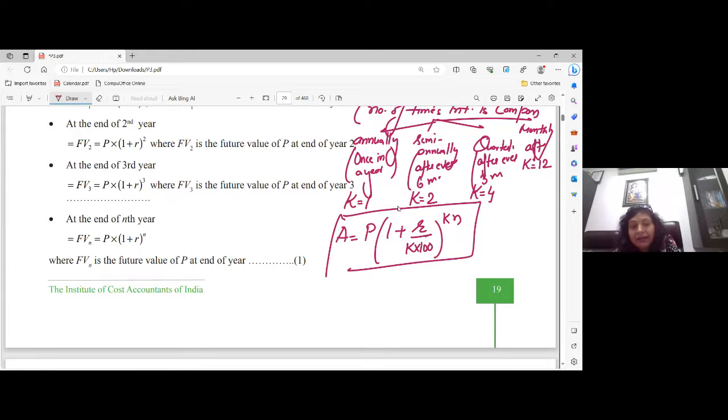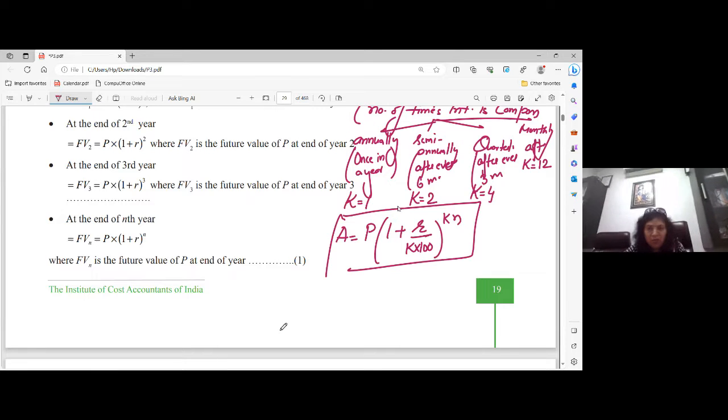That's why we divide the interest rate by the compounding value, which is either 1, 2, 4 or 12. So this way you can find out the amount. And for compound interest, the formula is P[(1 + R/(K×100))^(Kn) - 1].